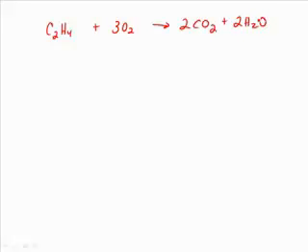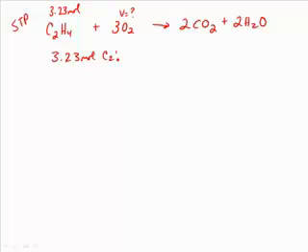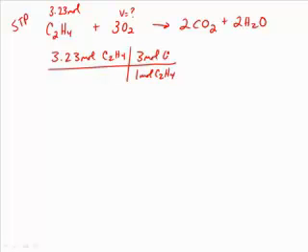Okay, so C2H4, I'll write the equation here so we can work with it. Plus 3 O2 gives 2CO2 and 2H2O. And it says I want to know this volume. It says I'm at STP. We'll assume all the gases are at STP, or both reactants in this case. I have 3.23 moles of the C2H4, and 1 mole C2H4 to 3 moles of oxygen.